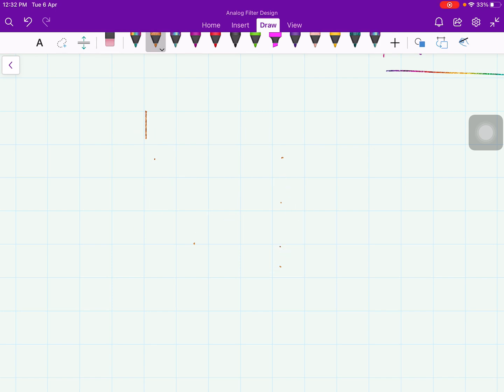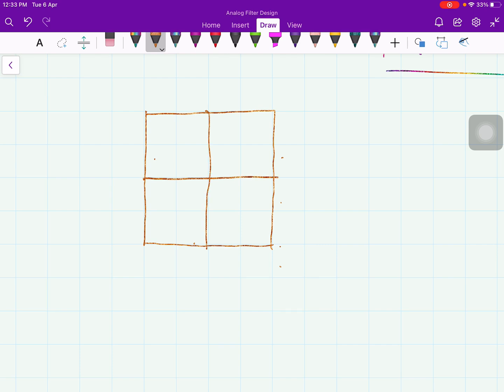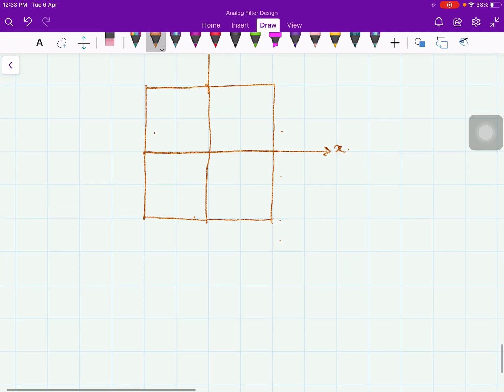Now I have drawn a bigger square, divided into 4 equal parts like this. Now we plot Cn of x in this direction and x in this direction.